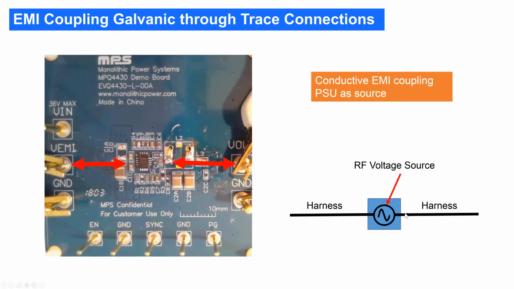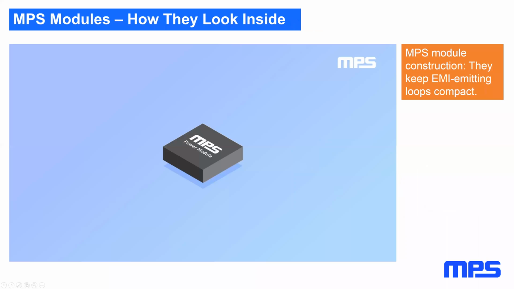That looks like a perfect Hertz dipole antenna where your RF voltage source is just your switching regulator. So what can you do about that one? You have to make this voltage source as low as possible.